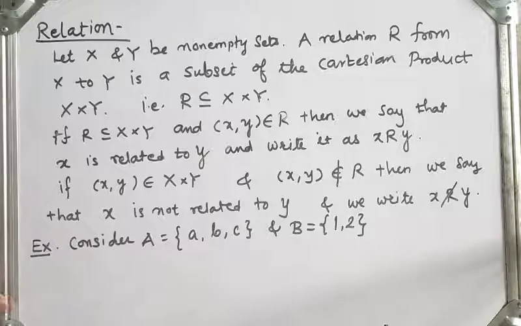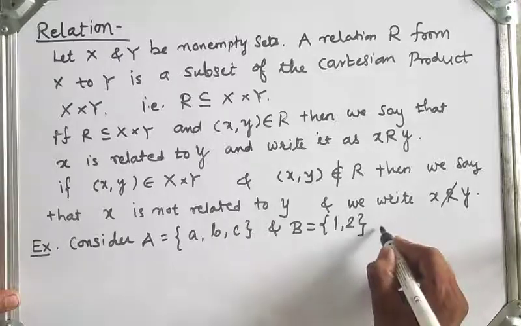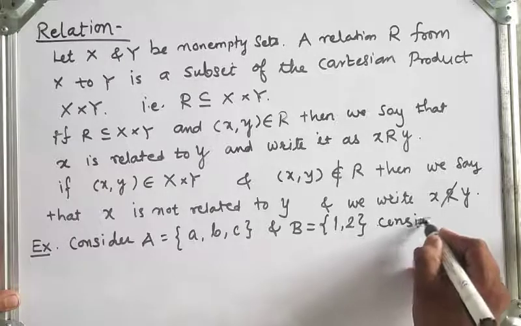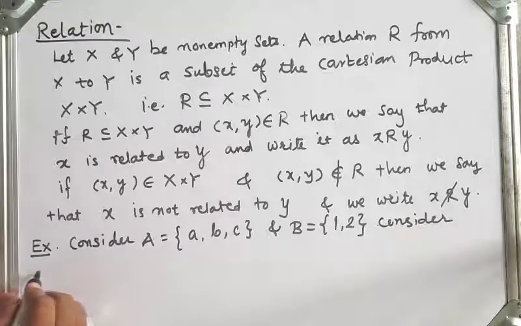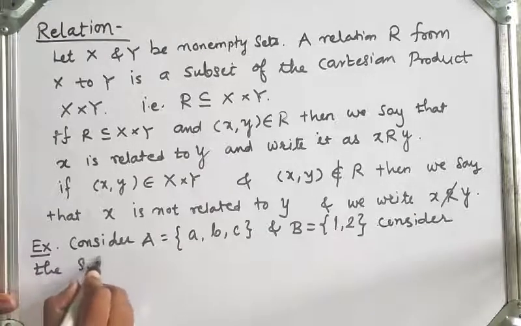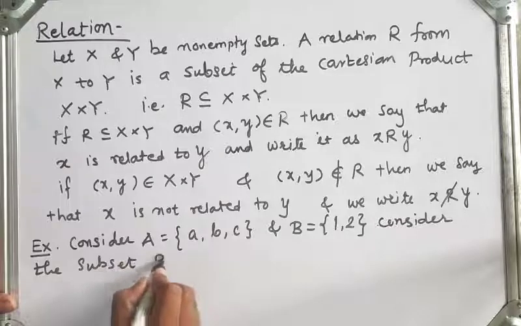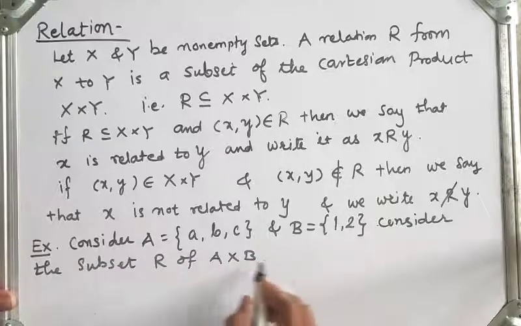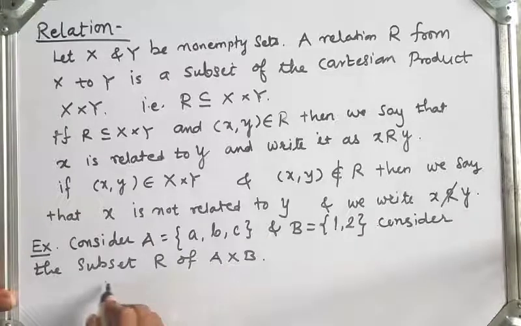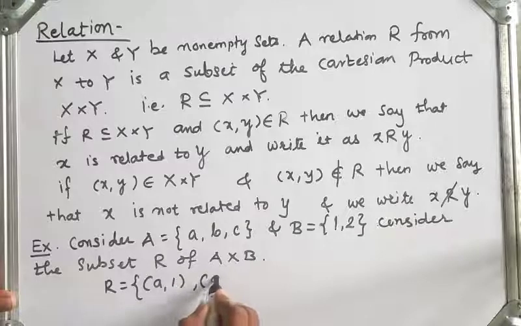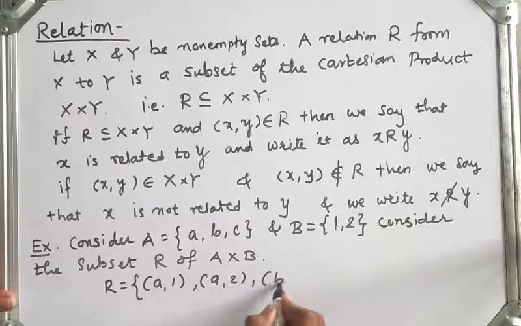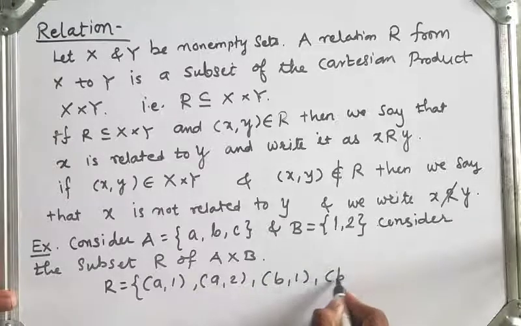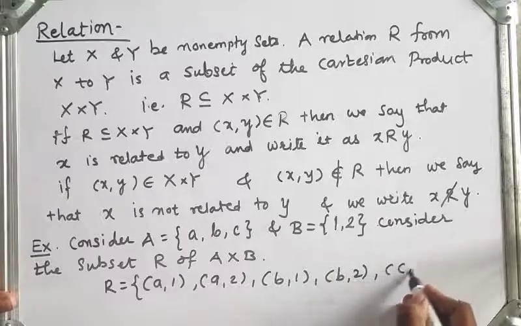Consider the subset R of A cross B as R = {(a,1), (a,2), (b,1), (b,2), (c,2)}.